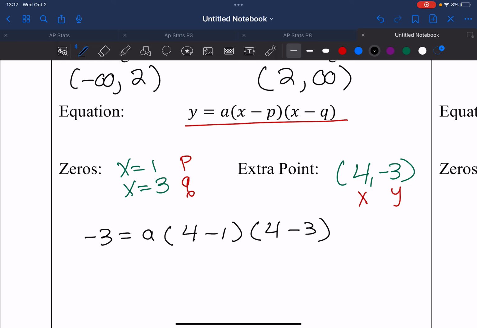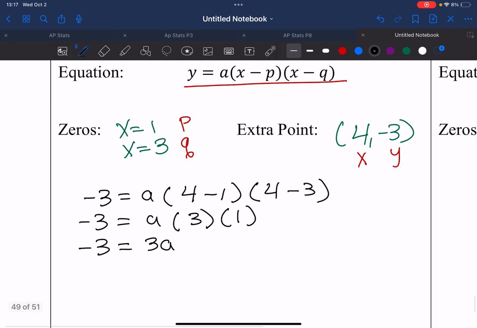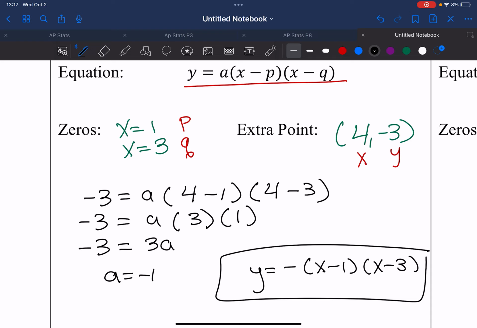Okay, simplifying this, I get -3 is equal to a(3)(1), because I simplified each of the parentheses above. And then I get -3 is equal to 3a, because 3 times 1 is 3, and I put the 3 in front of my variable. Divide both sides by 3, I get a is equal to -1, which means I have y is equal to -(x minus 1)(x minus 3). That is my answer.